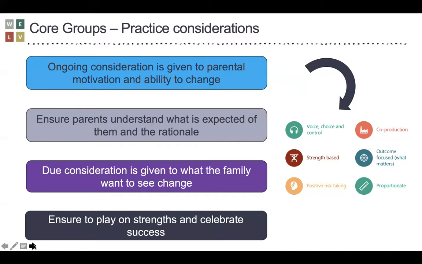And by the family, we definitely include what the child themselves wants to see change. And we need to make sure that we're playing on strengths and celebrating successes at every opportunity. This will help to continue to build on, to enhance the engagement of the child and their parents.